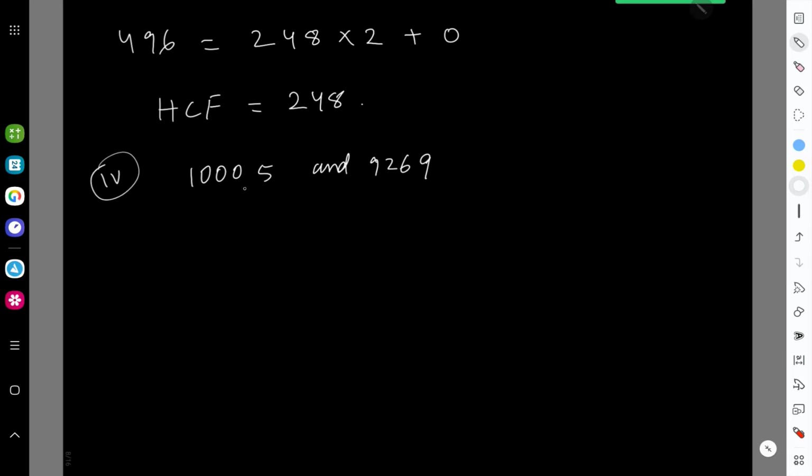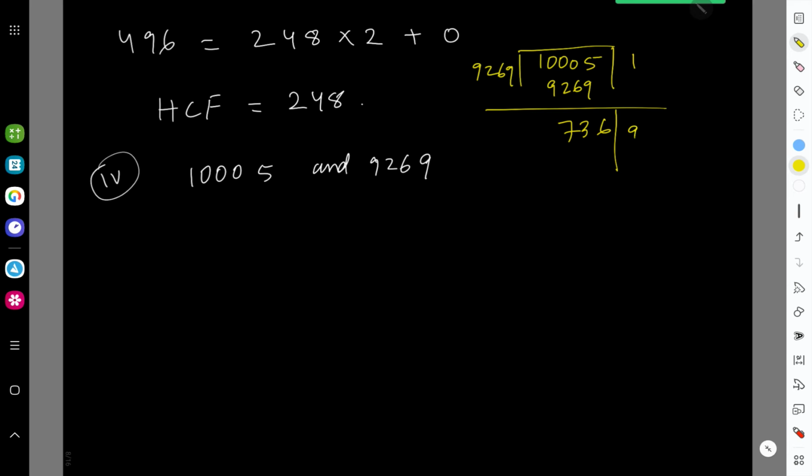So 10005 being the bigger number, this will be our dividend, the first dividend, and 9269 will be our first divisor. 9269 times 1, we will get 6 and 5, 3, 7 as a remainder.